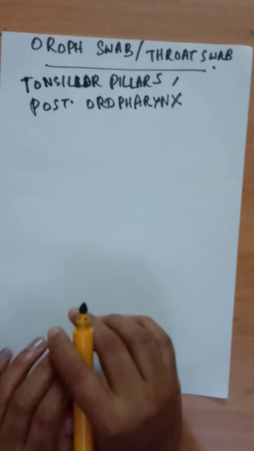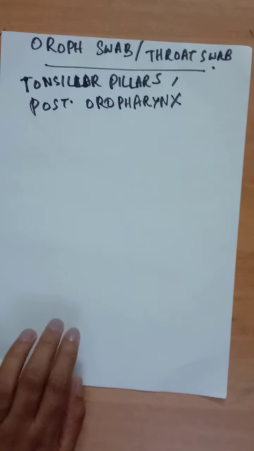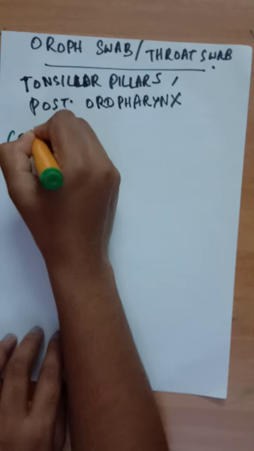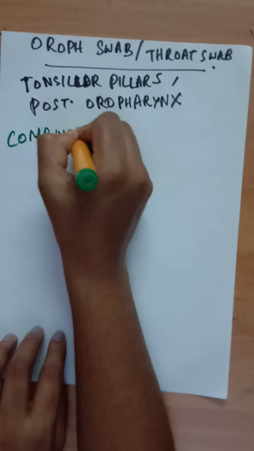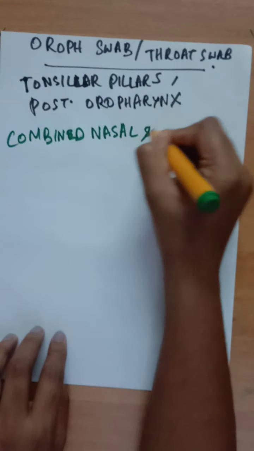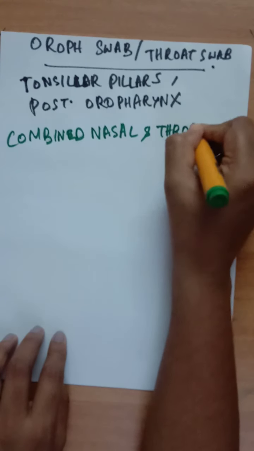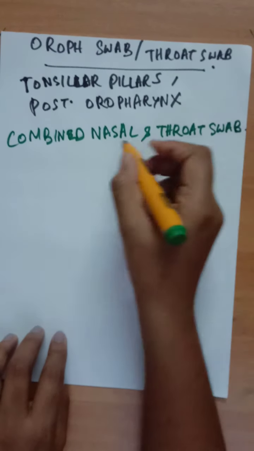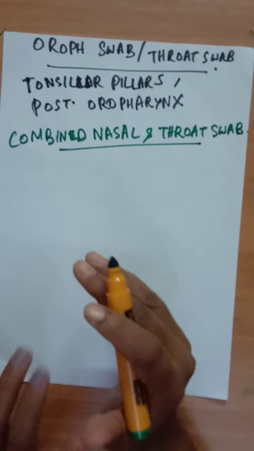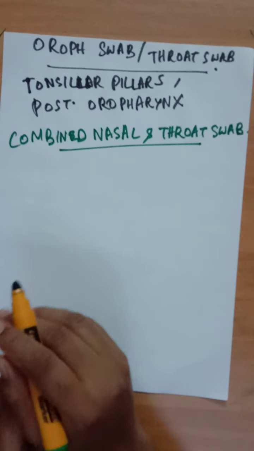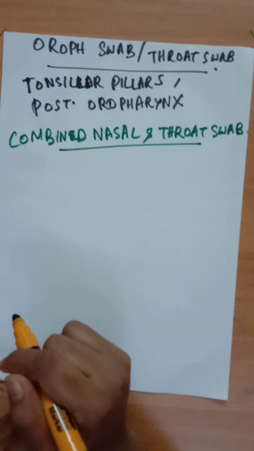Next is the combined nasal and throat swab. This is the same as above: tilt the patient's head back 70 degrees while gently rotating the swab.